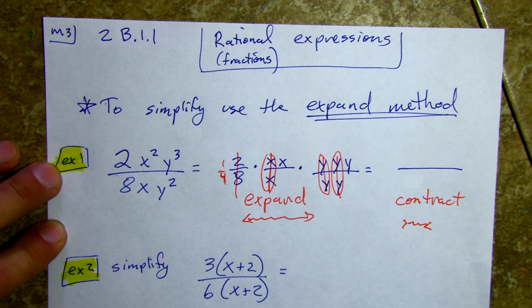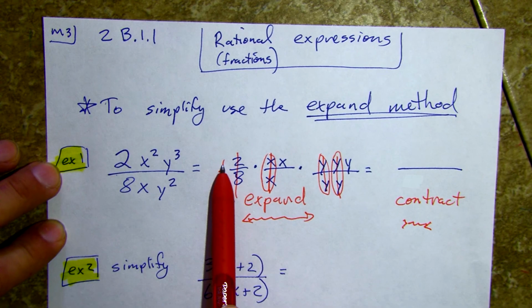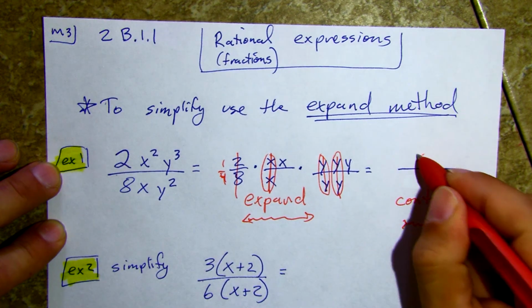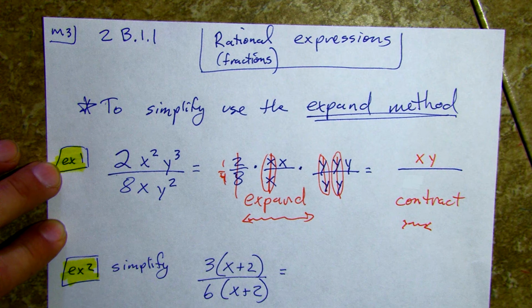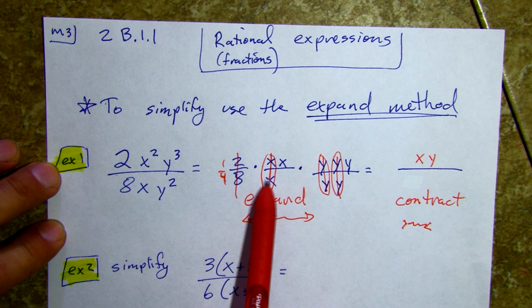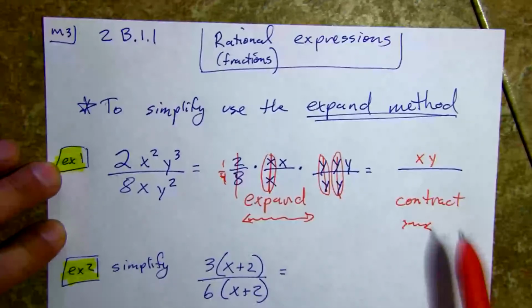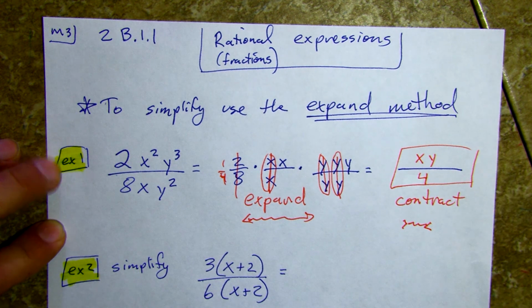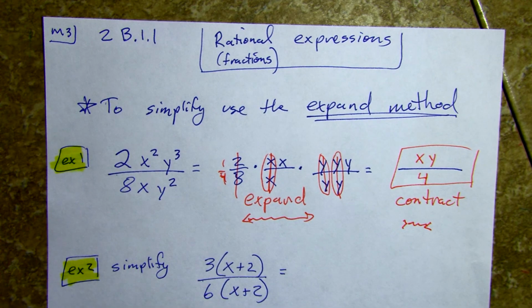So now let's put whatever we have left over. I'll do what's on the top first. We have 1 times x times y. So we have xy. On the bottom, what do we have? We have 4 times, there's nothing here, 4 times 1 times 1 times 1 is 4. So that is where I end up after I contract it back: xy divided by 4.